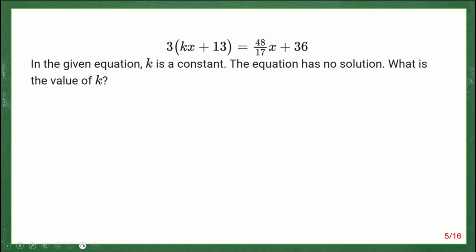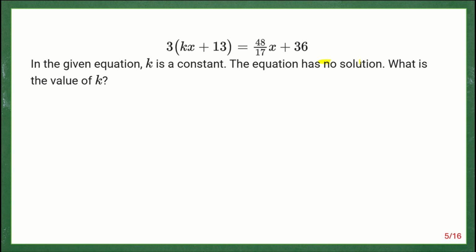Okay. Now let's look at our fifth problem. And here we are also given a linear equation with a single variable. And we are given a constant k here in the expression. And we are given that the equation has no solution here.